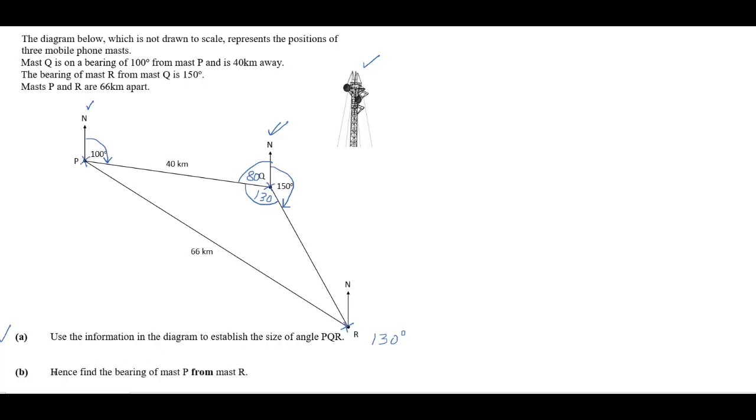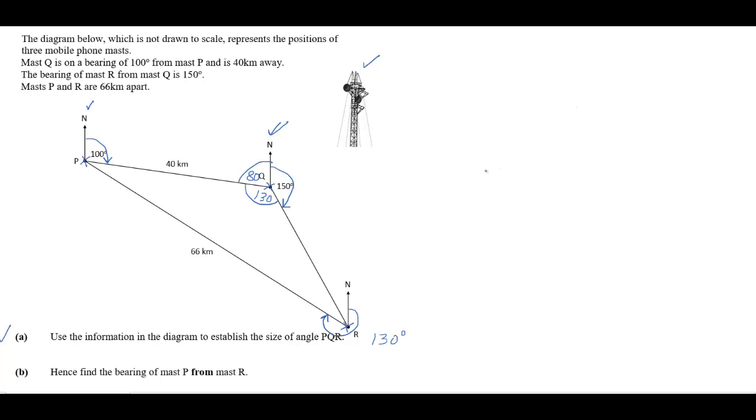Now we find the bearing of mast P from R. The bearing of P from R is this angle.